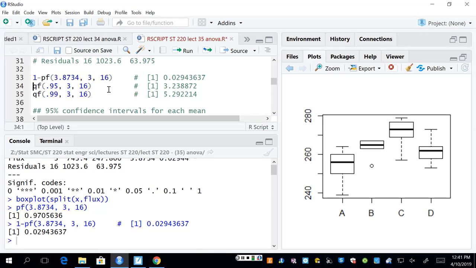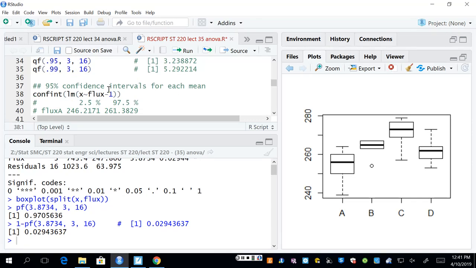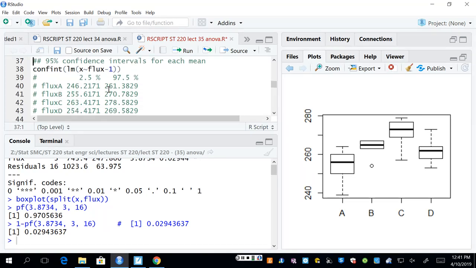But we might want to say things about an individual treatment using a certain flux in the manufacture of these. So you can do confidence intervals for each mean. There's actually a confidence interval formula. To make this work out, this is a linear models command where you're predicting the x based on the levels of flux.